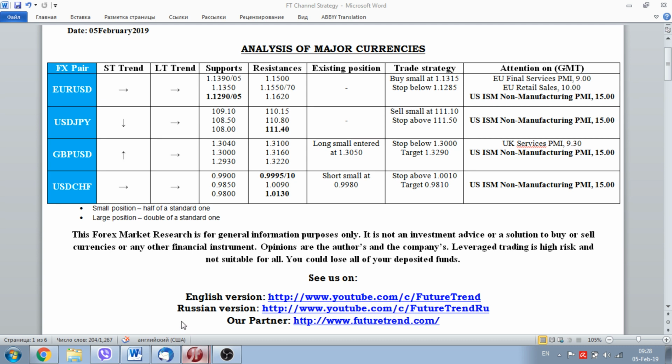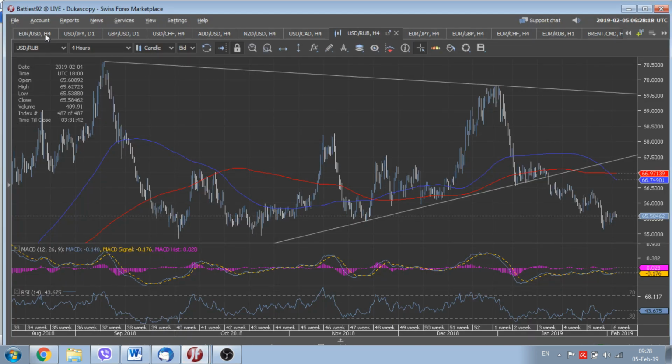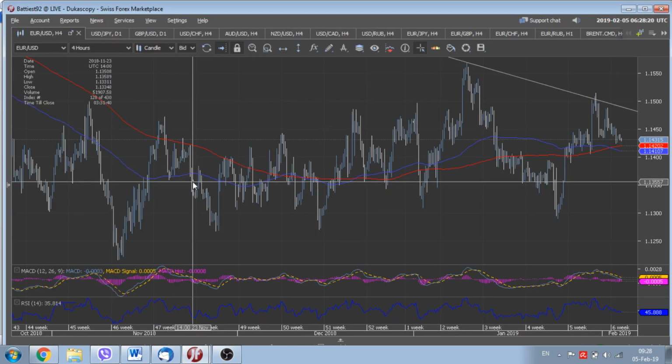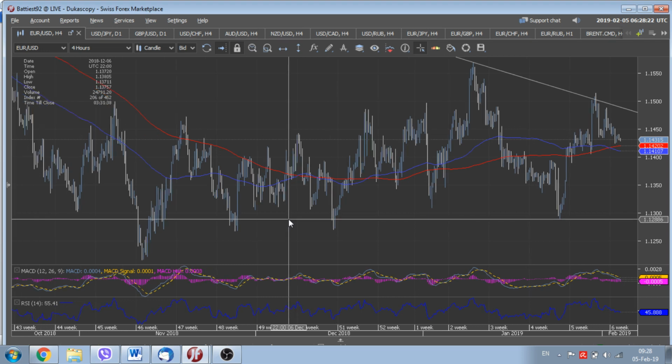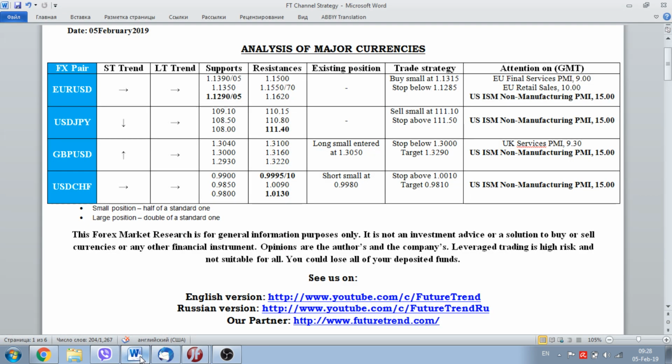As regarding the technical point of view, let's start with the euro-dollar. The euro-dollar continues to trade in a tight range for a long period of time, between roughly 113 and 115. So it's not so important to add to our point of view on this pair.